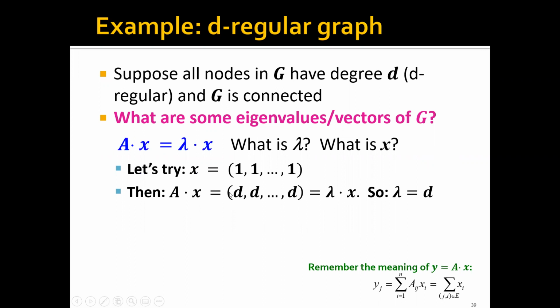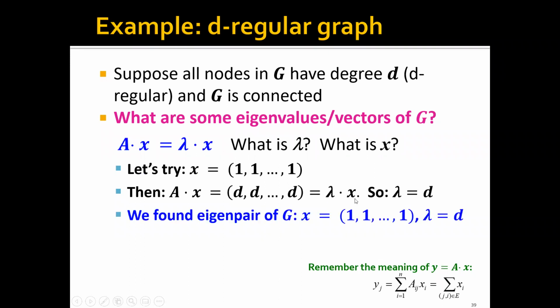This is because all the nodes in the graph have the same degree D. And by definition, this is also equal to lambda times X. Since X is just a vector of all ones, we can see that this lambda is equal to D. Here we found an eigenpair of the graph: the eigenvector is a vector of all ones, and the eigenvalue is equal to D.